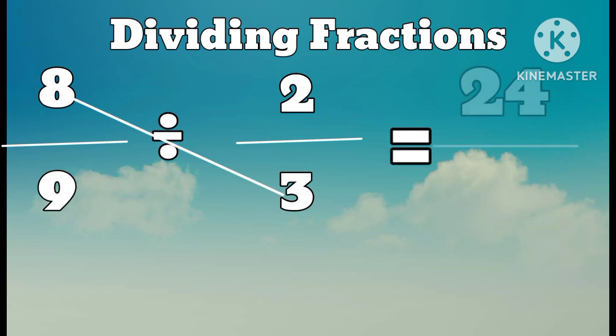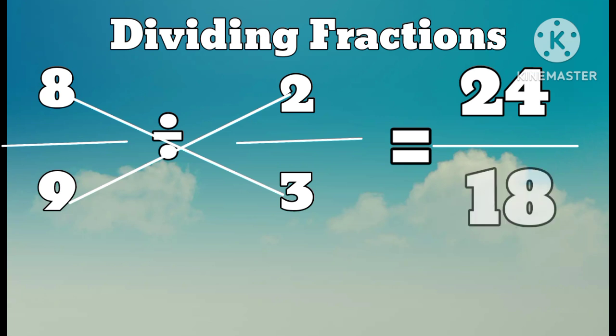That will be the numerator for our answer. And then multiply the first denominator and the second numerator. Excuse me for the confusion. So we have 9 times 2, which is equal to 18, and 18 will be the denominator for our answer.